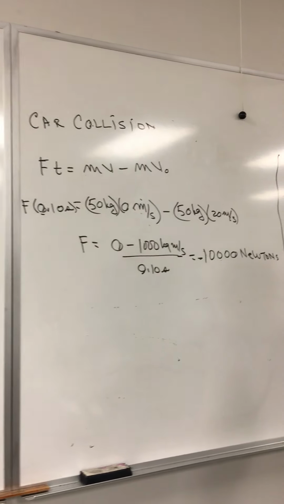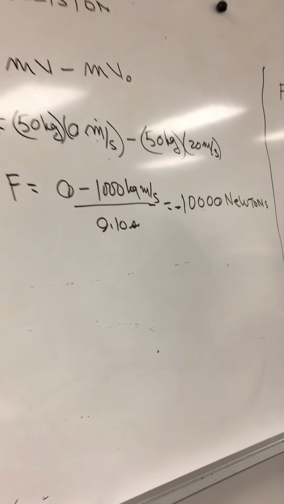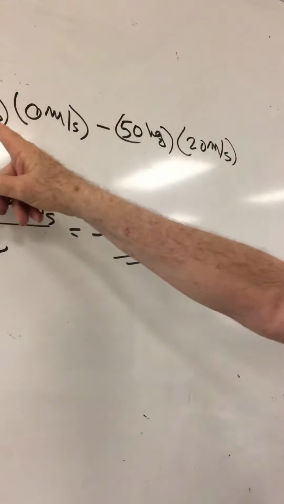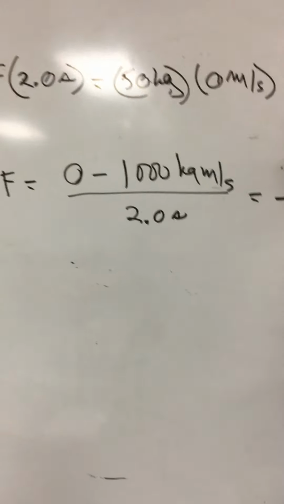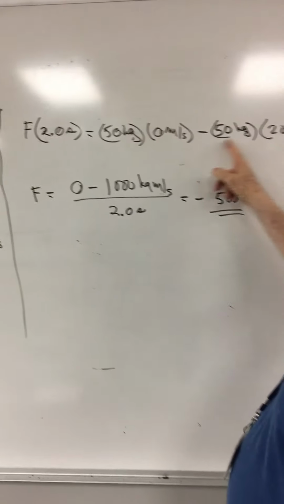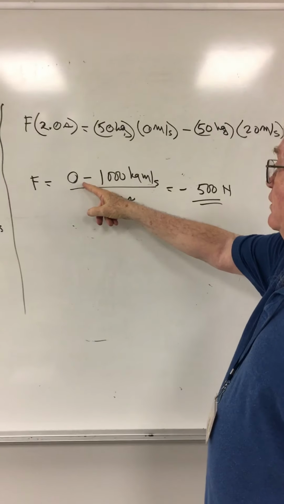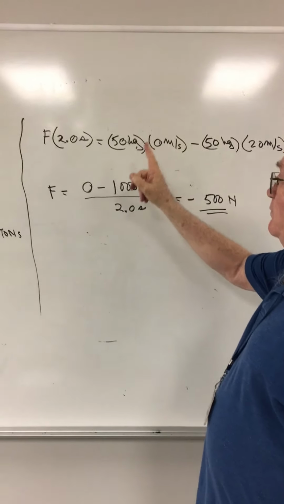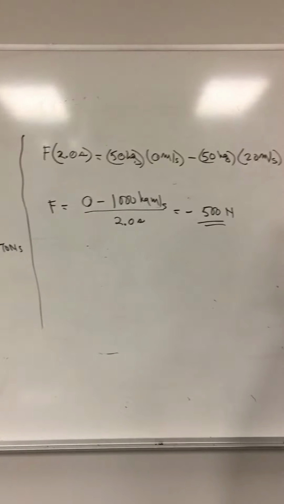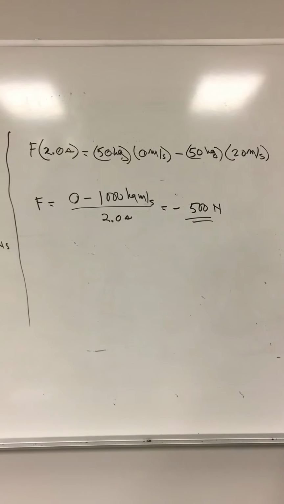So here's an example of the same person, maybe a young lady, 110 pounds, 50 kilograms. She's in her car, about 40 miles an hour. Minus 1,000, she slams into the wall and she stops, but she has an airbag. The airbag opens up, it takes a lot longer, maybe 2 seconds for her to stop.